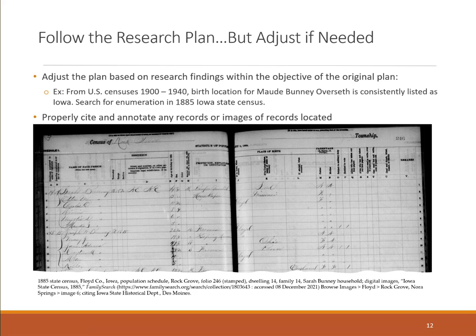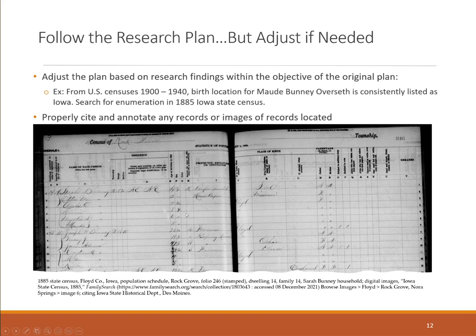The other thing is, within the census objective I had, I might have to make some adjustments. Here, all through the censuses, I'm finding that it's consistently listed that Maud was born in Iowa. Well, that means at some point, unless they moved the day after she was born, or within the year, she's going to appear in one of the Iowa state censuses.